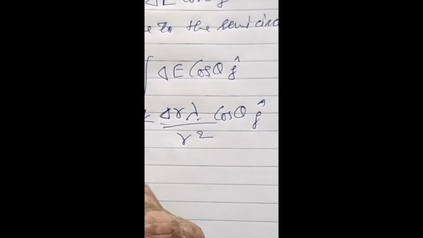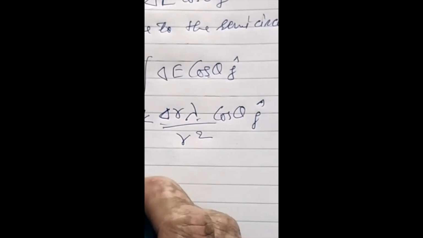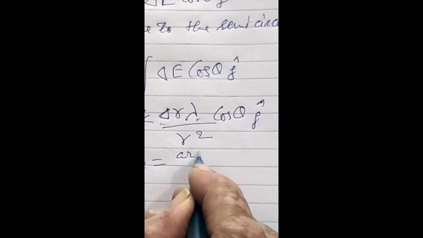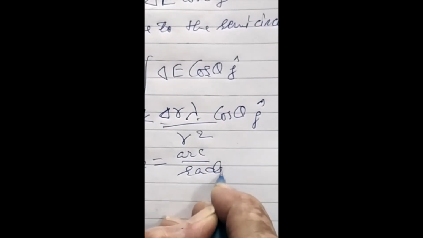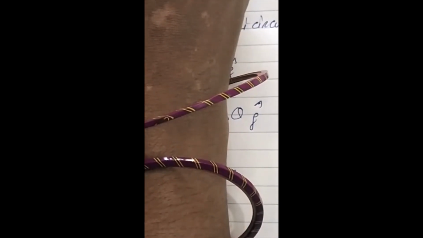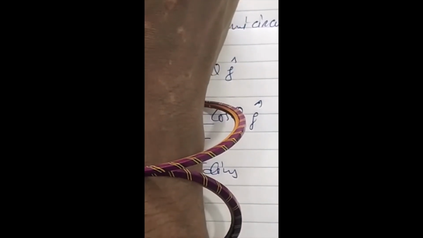Angle is equal to arc by radius. So let me find the angle which is enclosed under this length element dL. This angle, which the length subtends at the center, if we take it as del theta, this is your del theta.